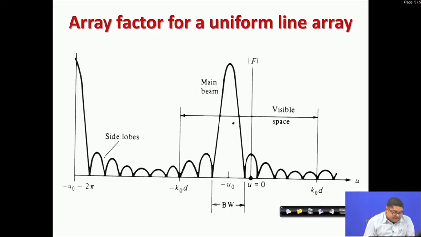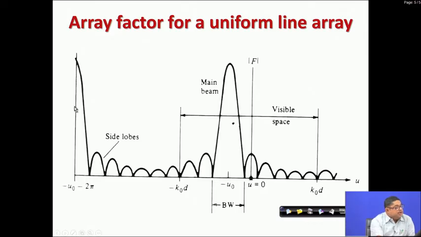In practice we require only one main lobe to occur in physical space. If more than one comes, that means in this space, from here to here, instead of this main beam, another beam, you see this is another beam's peak.